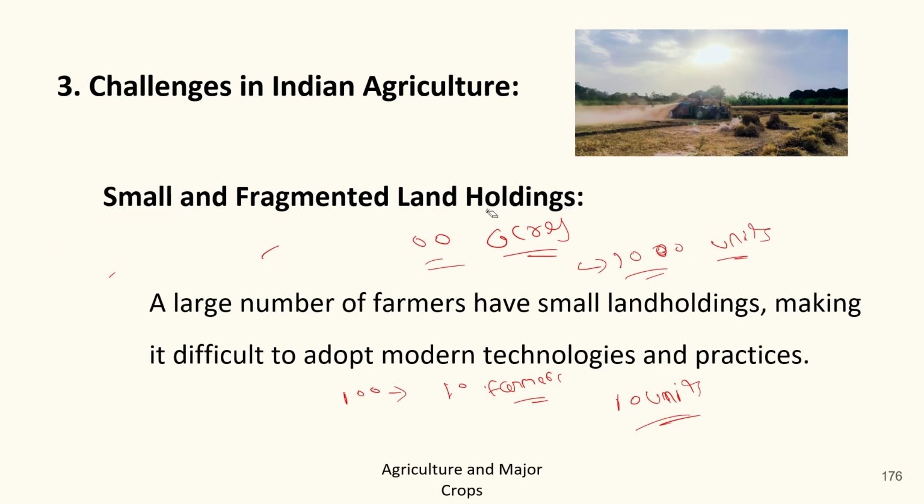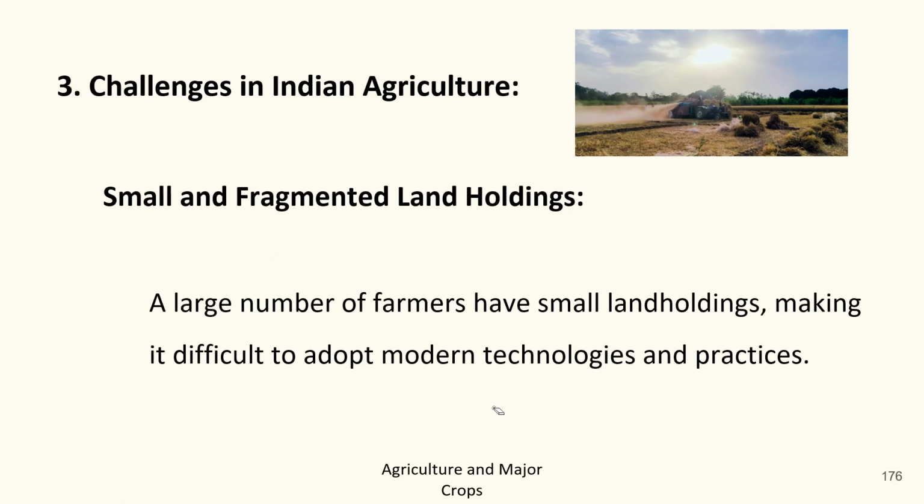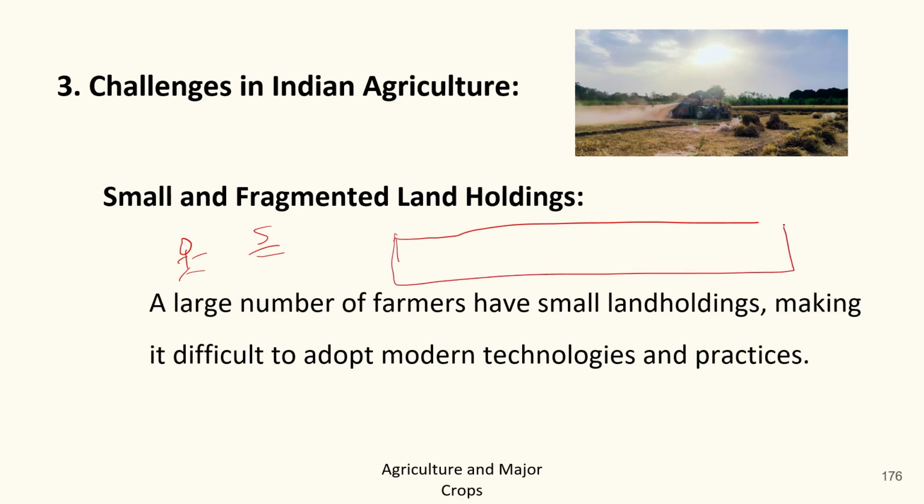Second is fragmented land holdings. If some of you ever visited your village, then you must have noticed that the family does not have land in a series. Like if a farmer claims that he has 5 farmlands, then the farmlands are not in a series, 1, 2, 3, 4 and 5.